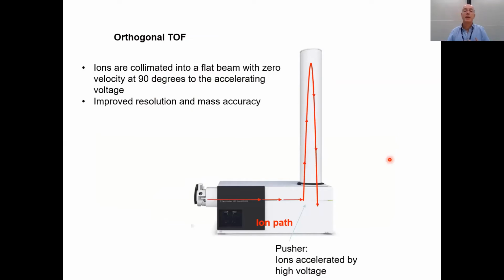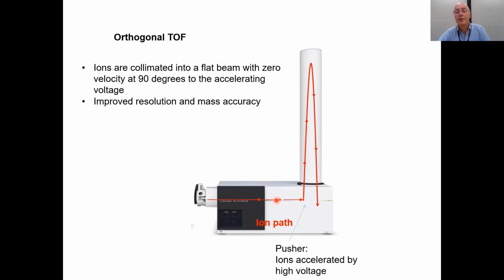And another thing that made an enormous difference to time of flight instruments was the development of orthogonal TOF. And the idea behind orthogonal TOF is that you have a dispersity of ions when they're being accelerated in this plane. And the idea is to collimate them into a flat beam. So this flat beam has zero velocity in this plane at 90 degrees to the accelerating voltage.